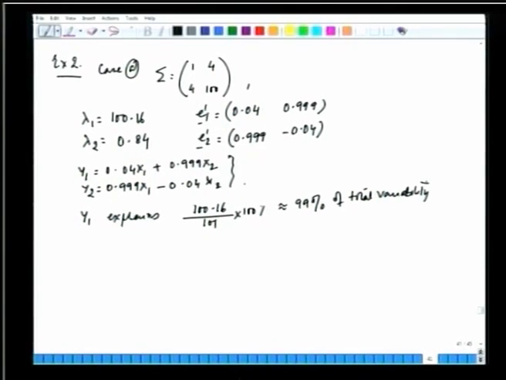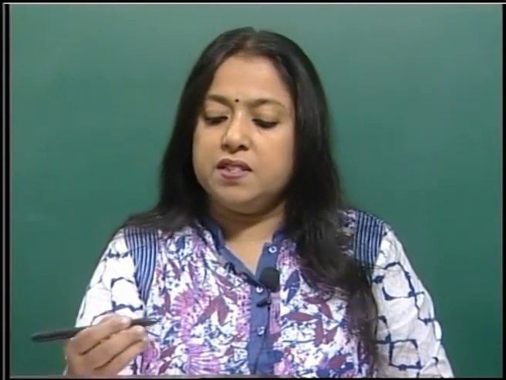And y2 explains the rest of it. So, no need to go to y2. If I consider y2, there is no reduction in the data dimension, and this will explain 100%, but at least from 2 dimensions I have come down to 1 dimension. That is the whole purpose, whether it really helps me in data dimension reduction.